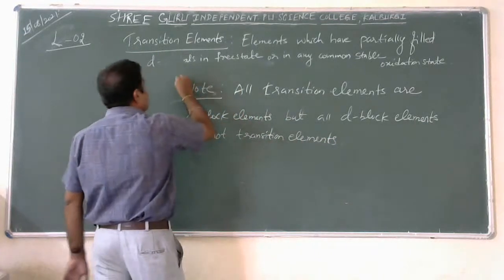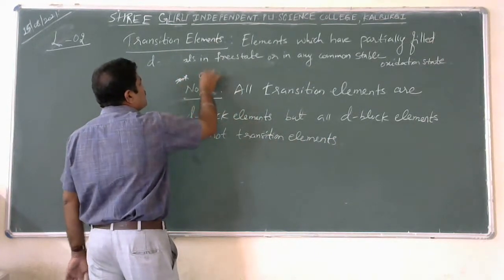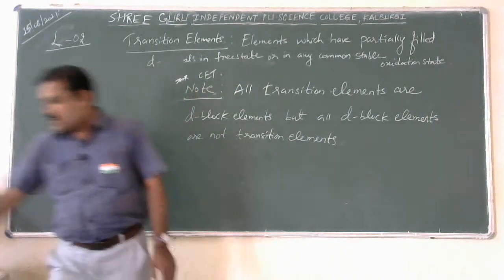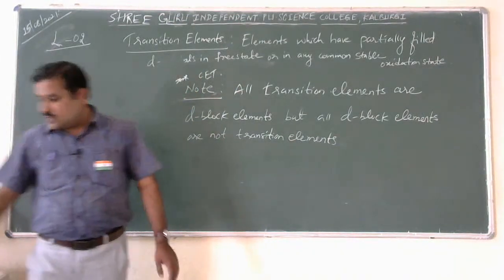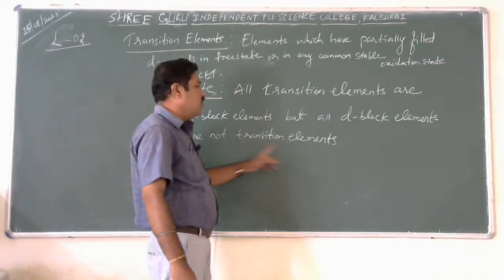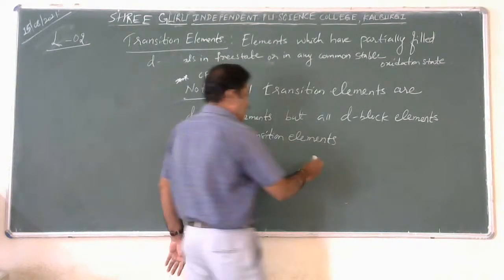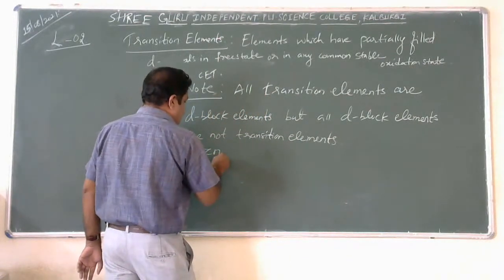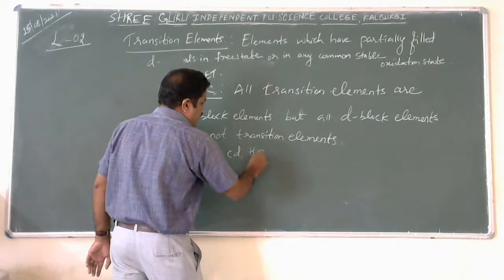Point to be noted, very important for CET purpose once again. All transition elements are d block, but all d block elements cannot be transition elements. Why? Because of zinc, cadmium and mercury.